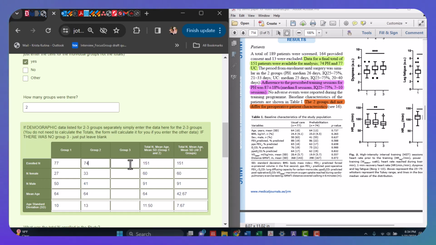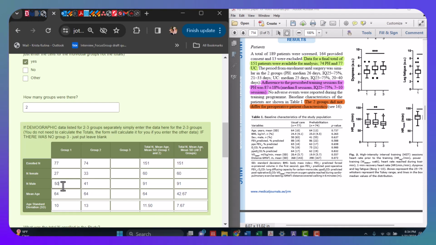So it stays like that. If you have a group 3, this last column will change. So only if you have a group 3 does this column matter. If you only had two groups, it's the totals for this column. If you had 3, then pay attention to this column.